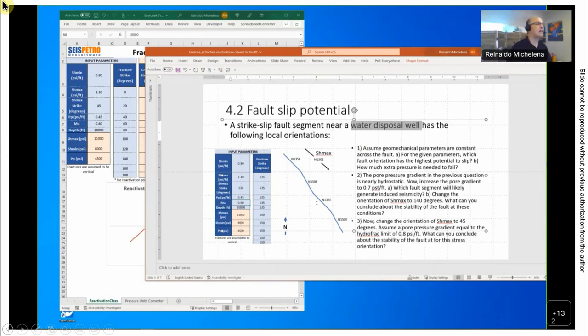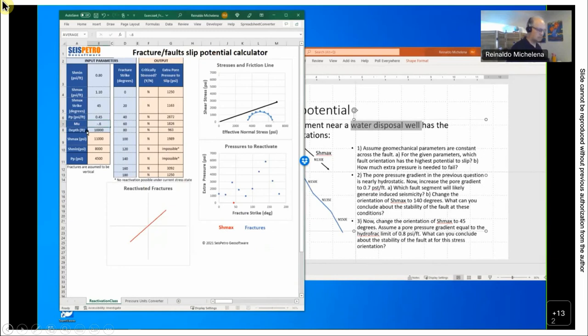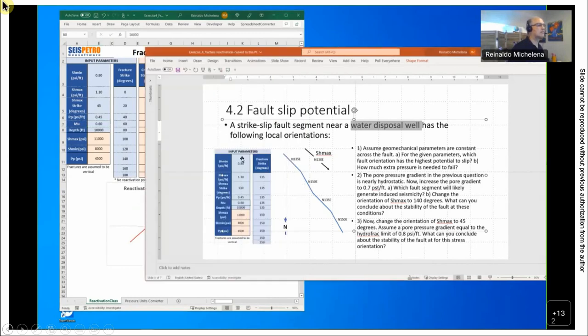Okay, so these are the orientations of the fault: 135, 150, 135, 150. We make sure that we use the right parameters here for this example. The geomechanical parameters are 0.8, 1.1, 45 degrees, 0.45.